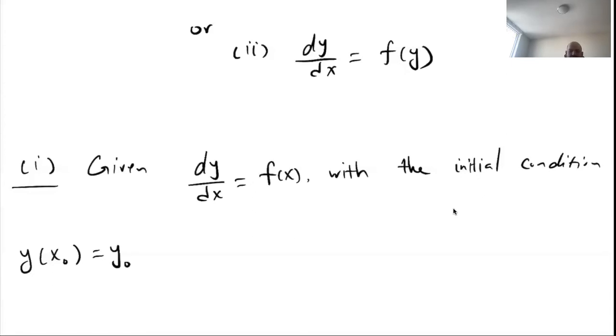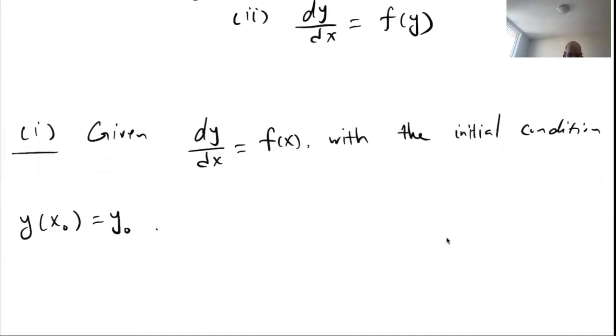And let's assume f is continuous as well. Remember, we said under certain conditions, and I said that the condition is usually related to continuity of the functions. So let's assume that f of x is continuous.